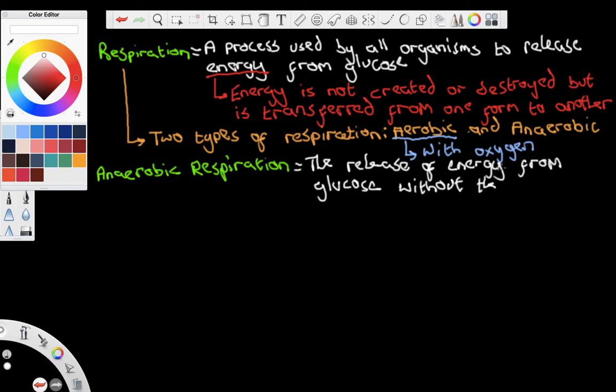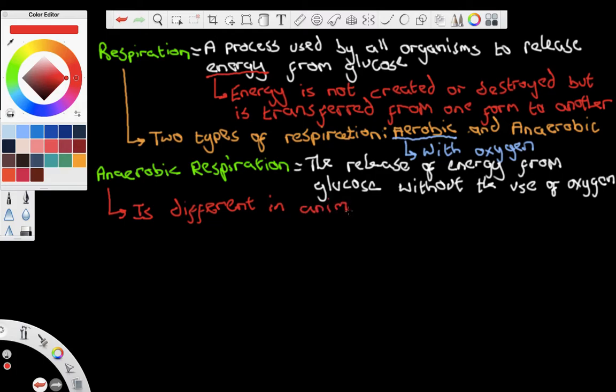Okay? Now, anaerobic respiration is different in animals and plants.